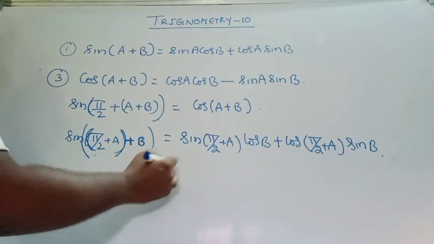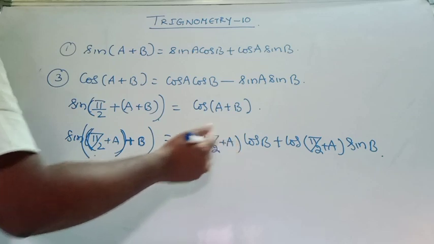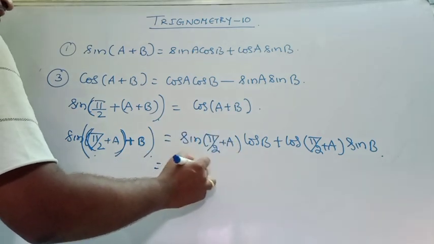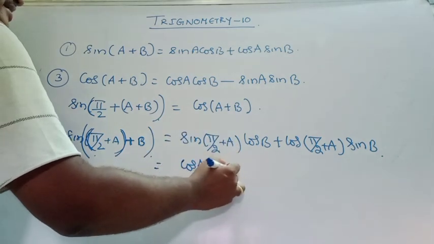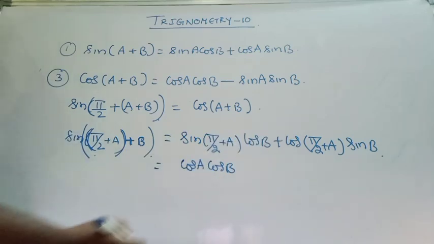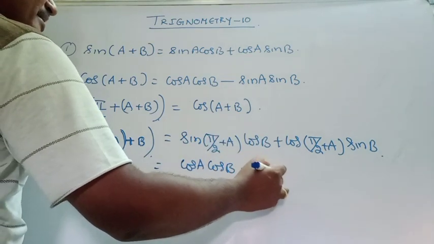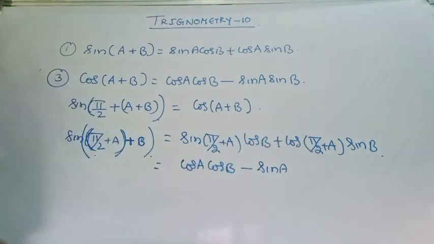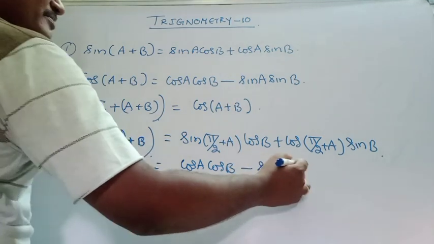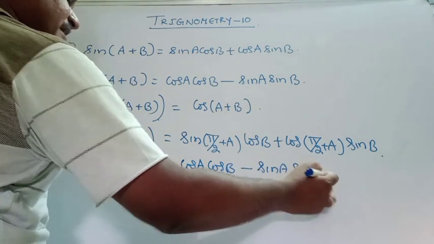Now sin pi by 2 plus A, sin 90 degrees plus A becomes cos A cos B, right? And cos pi by 2 plus A becomes minus sin A, because in the second quadrant cos becomes negative, so minus sin A sin B. We have got this wonderfully.